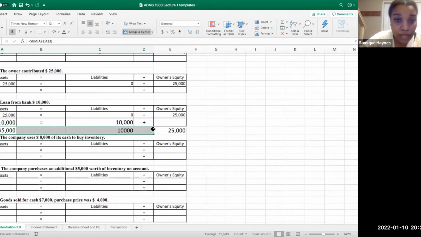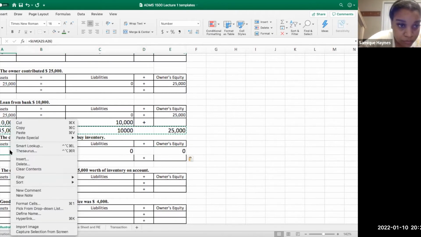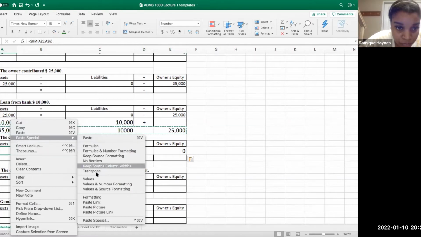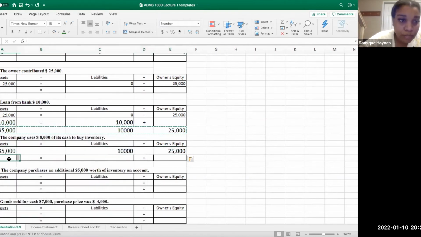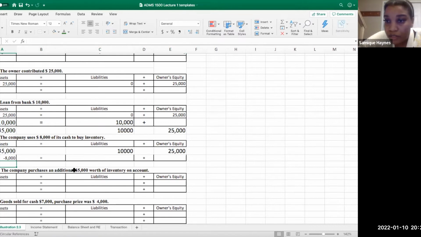So let's put the originals back, and then you're saying that cash is going to go down by $8,000. All right. But what else happens? Inventory. Somebody says inventory, $8,000 in.